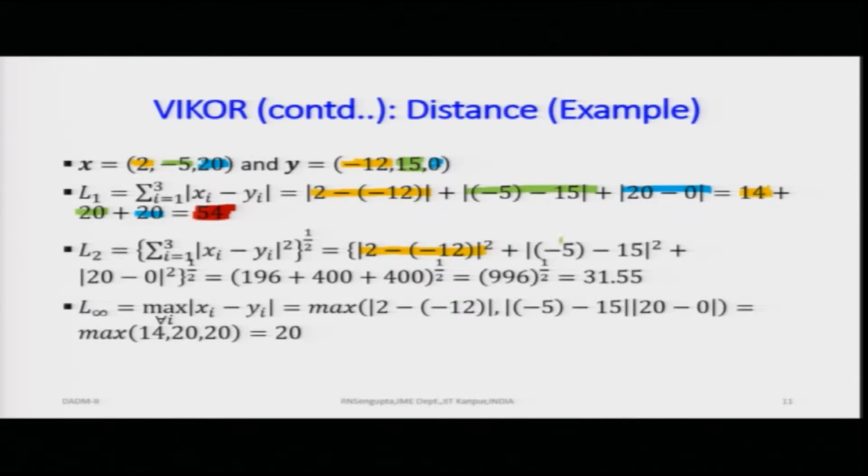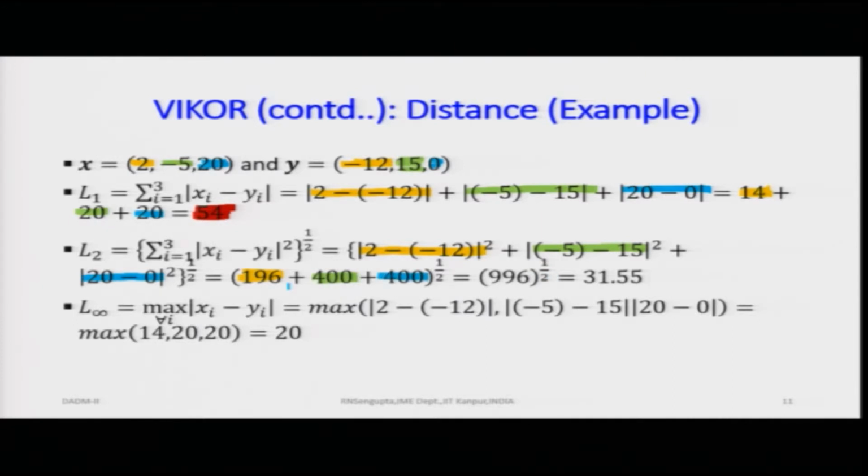So, it is minus 5 minus minus 15, whole square, which is basically 20 square, so this is 400. This value I have not highlighted for our convenience, it is 14 square, which is 196. And finally, for movement in the z direction, which is blue color, it is 20 and 0. So, it is 20 minus 0 whole square, which comes out to 400.